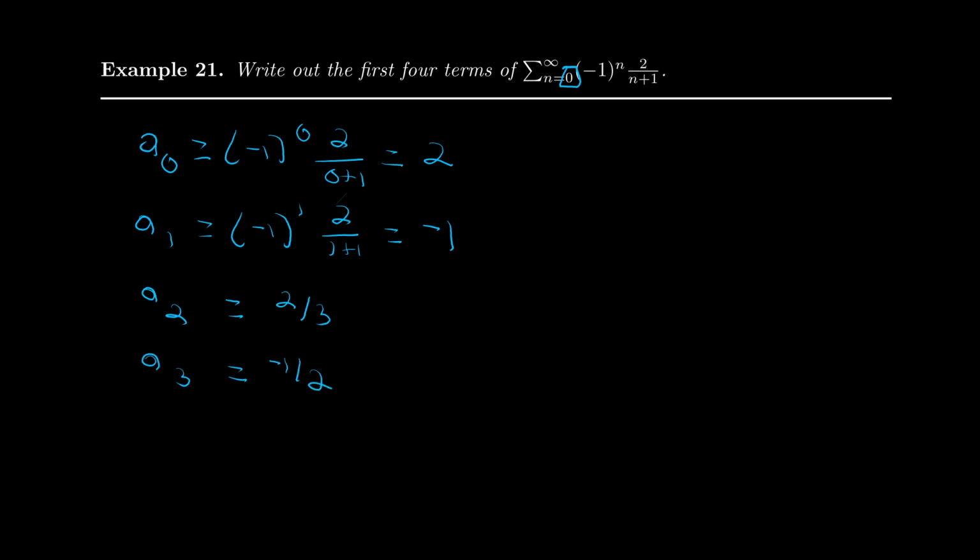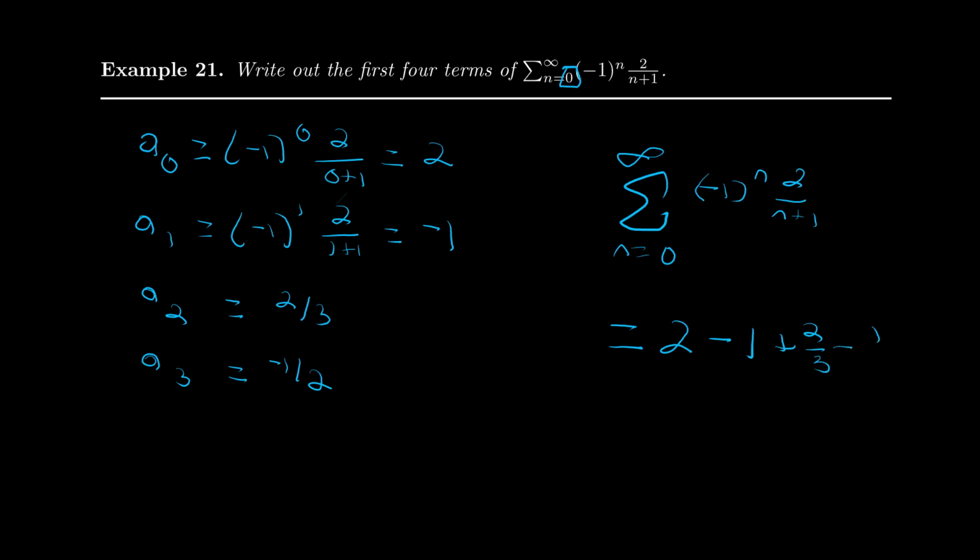So then our first 4 terms, our sigma n equals 0, careful, to infinity, of the alternating 2 over n plus 1. Well, that's just going to equal 2 minus 1 plus 2/3 minus a half.